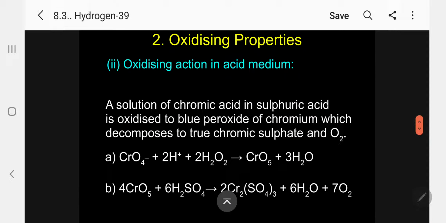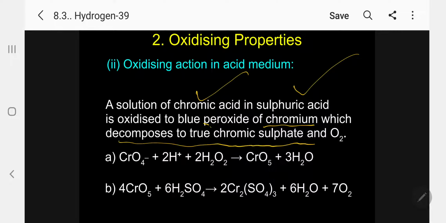Next one, continuation. Oxidizing action in acid medium. A solution of chromic acid in sulfuric acid is oxidized to blue peroxide of chromium, which decomposes to chromic sulfate and oxygen. This is also showing the oxidation action in acid medium.